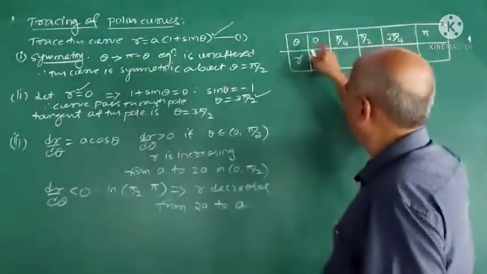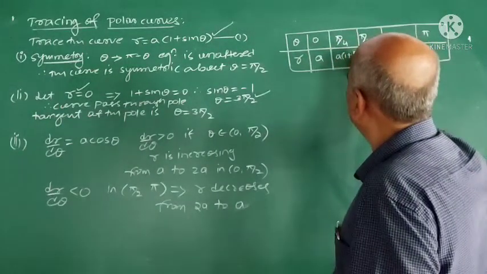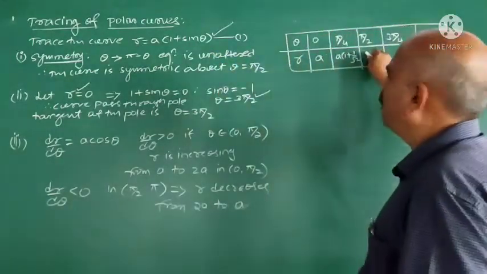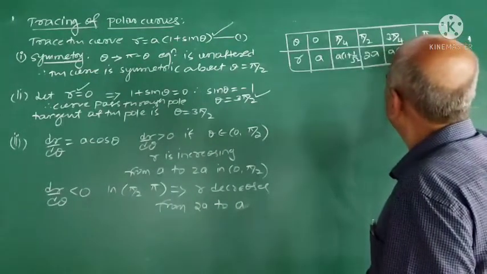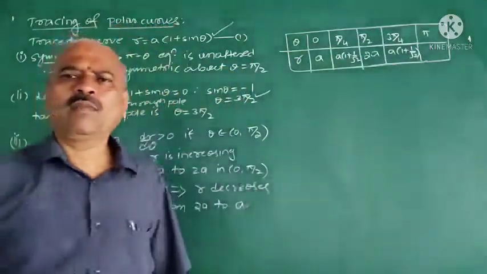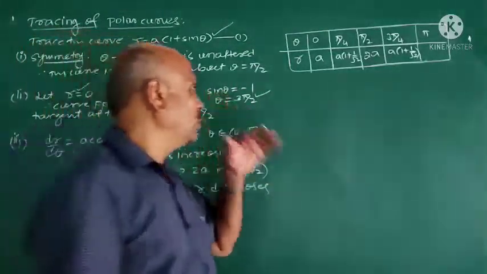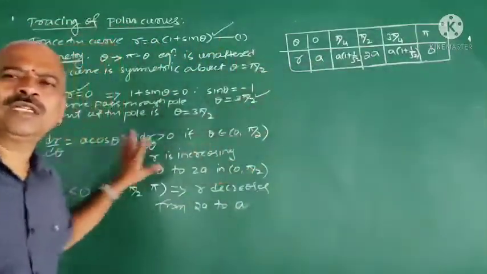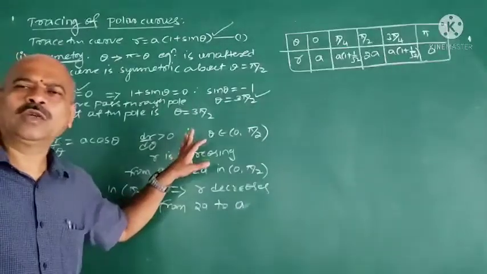What are the corresponding values of r? Theta is 0, r is a. Pi by 4, a into 1 plus 1 upon root 2, because sin pi by 4 is 1 upon root 2. Pi by 2, 2a. 3 pi by 4, again a into 1 plus 1 upon root 2, because sin 3 pi by 4 is positive in the second quadrant, 1 upon root 2. Pi, again it is a. Now these are the different things that support us in tracing the curve.